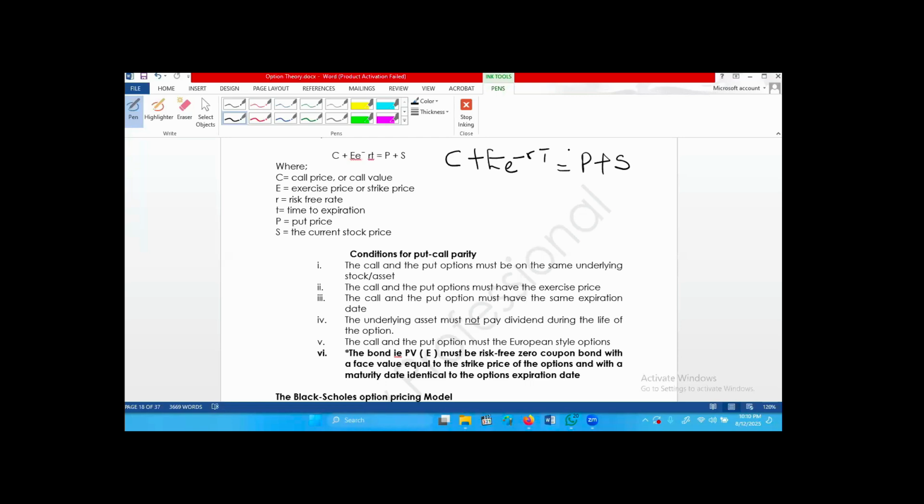This equation can be used to calculate the value of a call option, or the price of a call option, if the price of a put option is given.